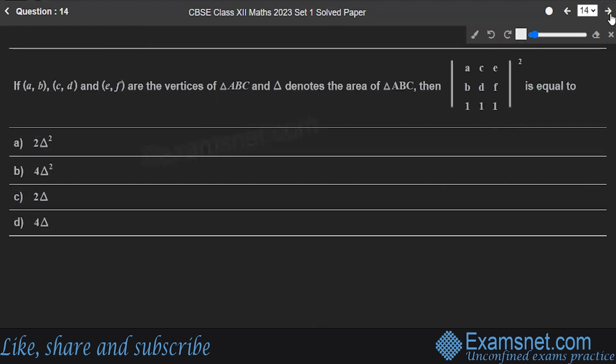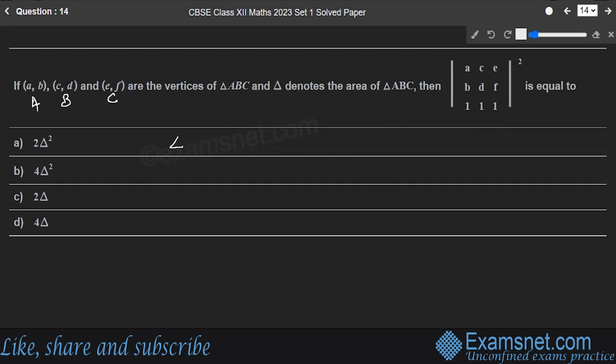If (a, b), (c, d), (e, f) are the vertices of the triangle ABC and delta denotes the area of the triangle ABC, then what is this equal to? These are the vertices of the triangle ABC.